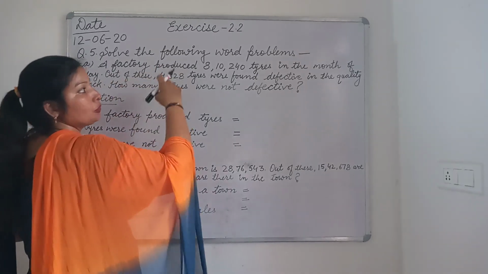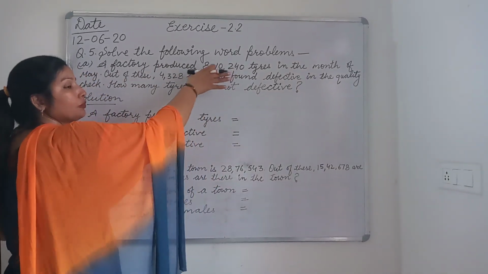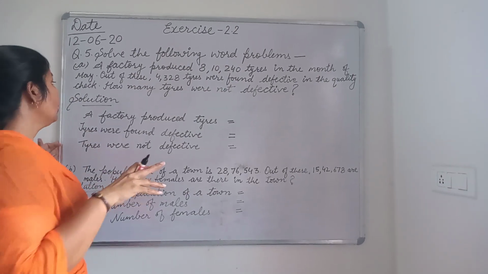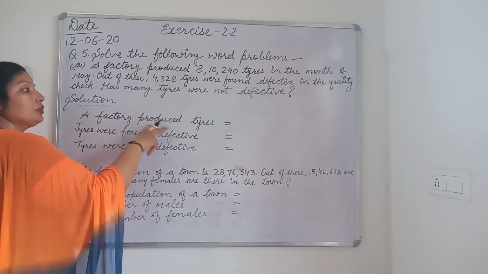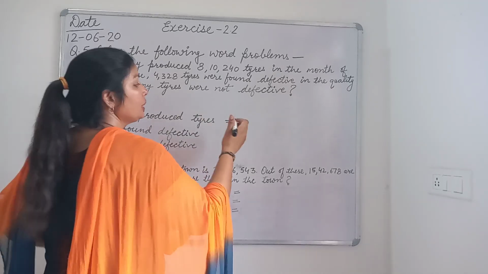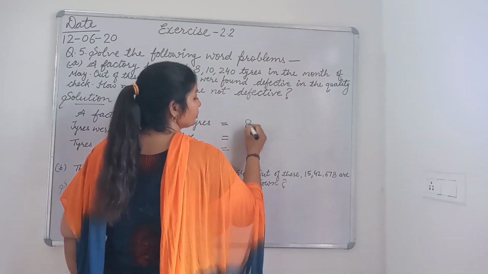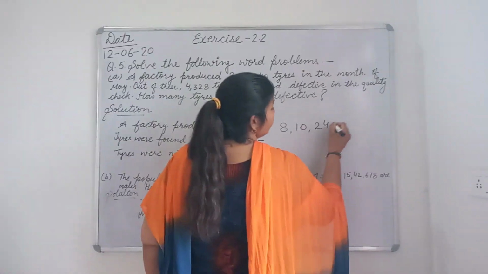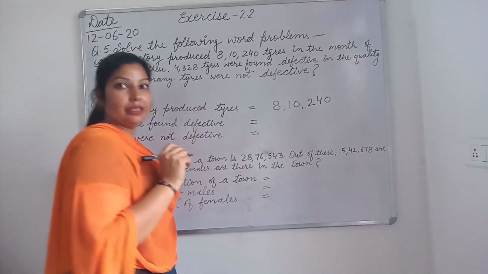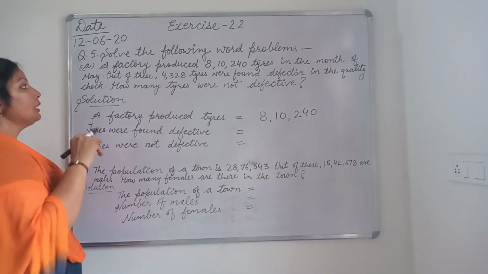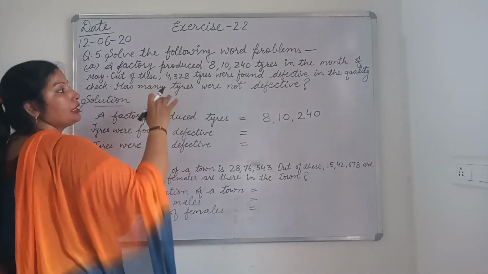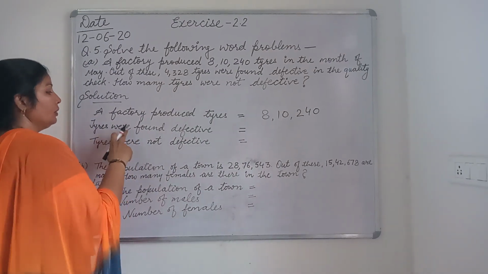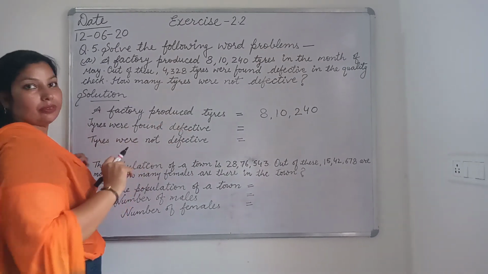Solution. What will the first sentence be? A factory produced tires, because first of all we have to write how many total tires were produced. So the first sentence is: a factory produced tires equal to 8,10,240. Then out of these, 4,328 tires were found defective.